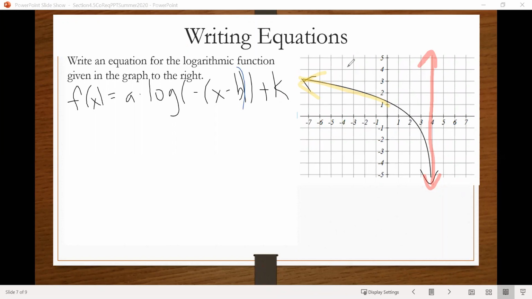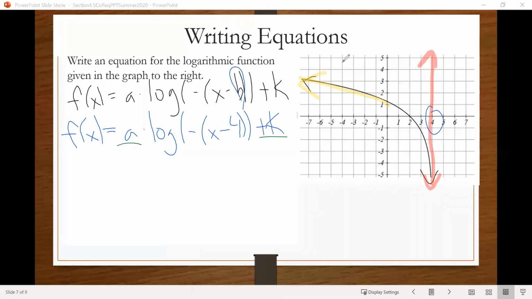As we talked about on the last slide, this value for b comes from where the vertical asymptote is. So we know our equation will have the form f of x equals a times log of minus, in this case, x minus 4 plus k. Now to finish this, we need to find the values of k and a.